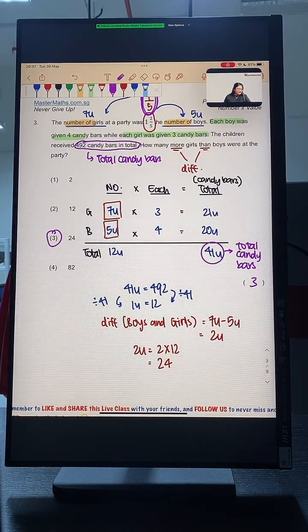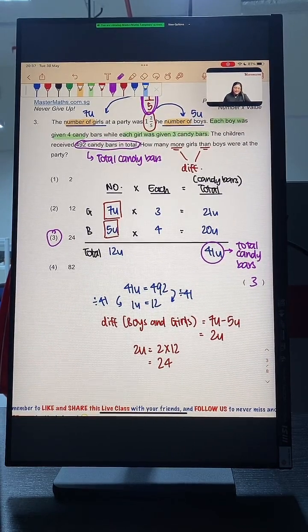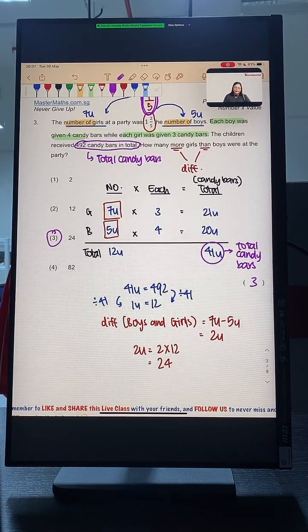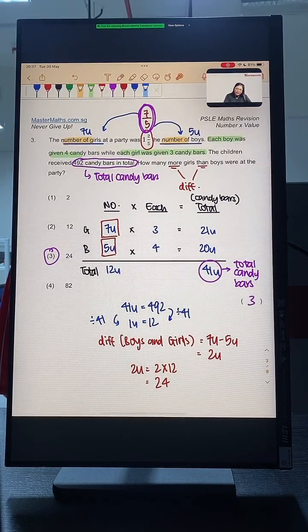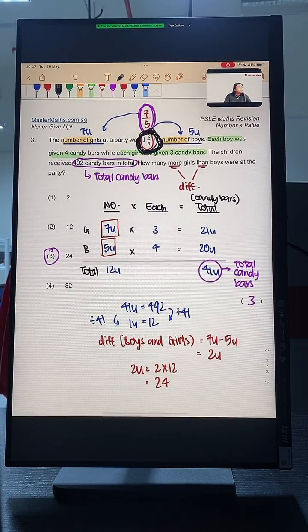Okay, so let me explain this one more time. The number of girls is 7 units and the boys is 5 units. Why? Because I cannot use units if I have a mixed number. How to assign units? There's 1, there's 2, there's 5. So confusing.